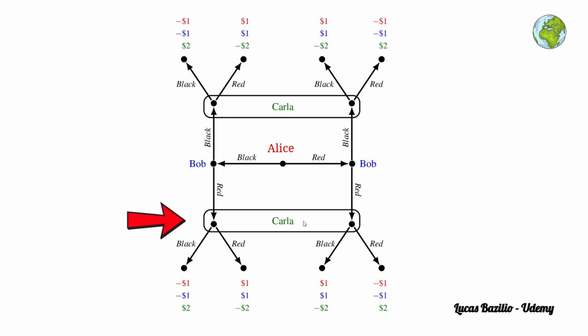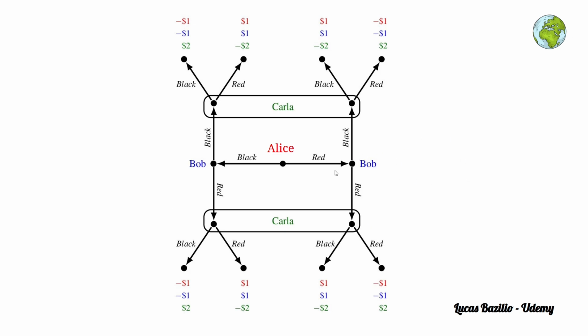Now, Carla's bottom information set captures the alternative situation where she hears Bob say, Alice chose a red card, and does not know if he is lying, which corresponds to the left node, or telling the truth, which is the right node.